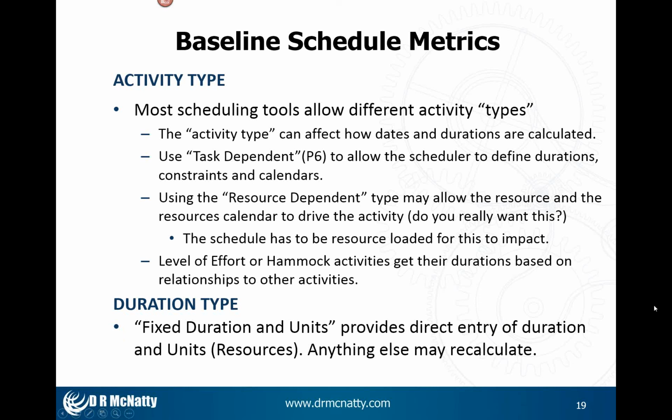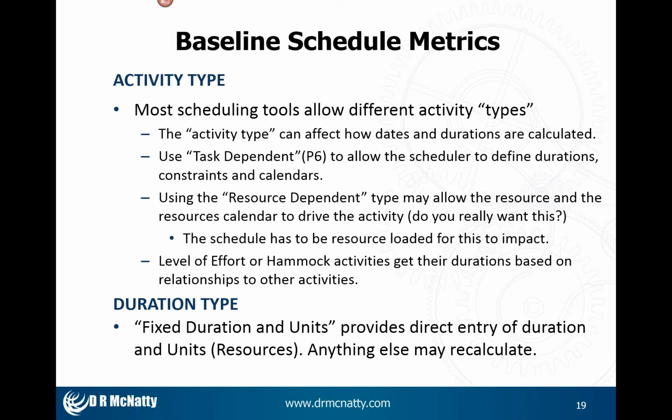Another thing to look for is duration type. In P6, fixed duration and units allows the scheduler to physically enter activity duration and resource units, and then they just get spread over the duration. If you use any other type of duration type, it could cause recalculations that you aren't really aware of.